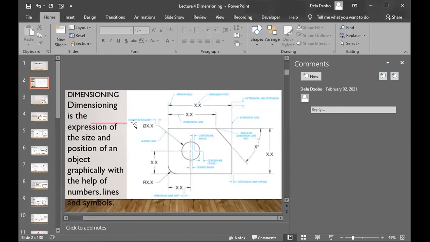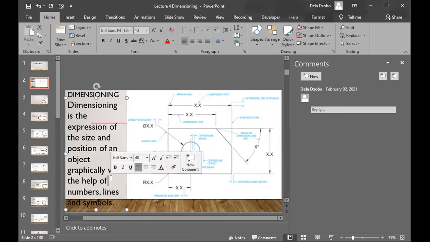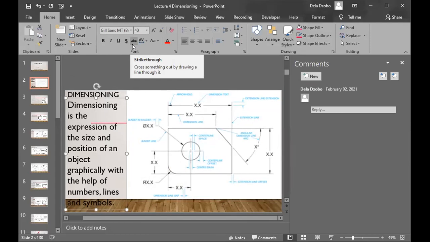Well, that's not the first rule, but as an introduction, a dimension is the expression of the size and position of an object graphically with the help of numbers, lines, and symbols.